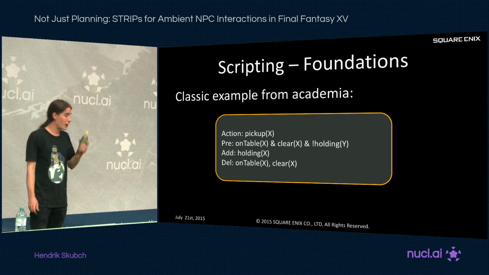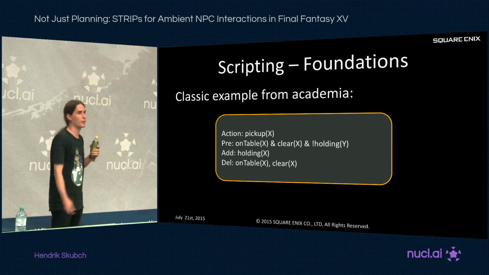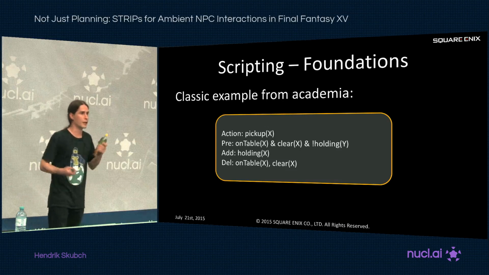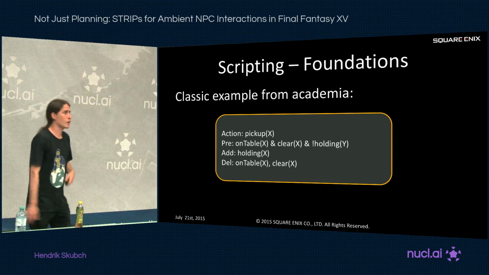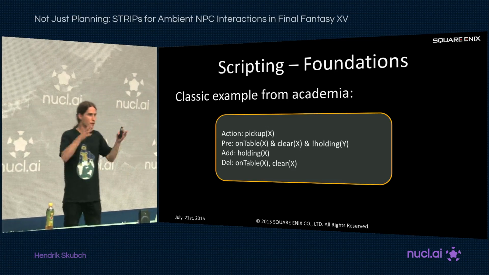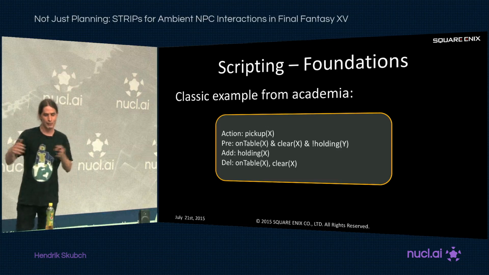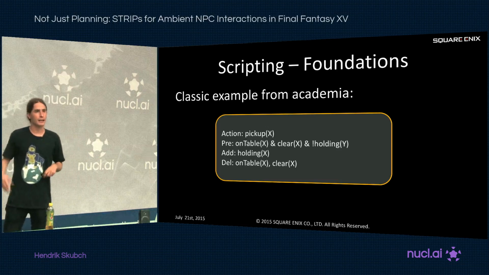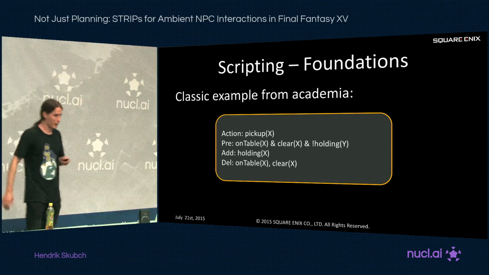So now I'm holding it, it's no longer on the table, so I remove that information from the world, and I no longer consider it to be clear. So pretty straightforward, and now one could, for example, take multiple of these action descriptions, chain them together, and arrive at a desired state, and that is then called planning. Again, this is not what we're doing.